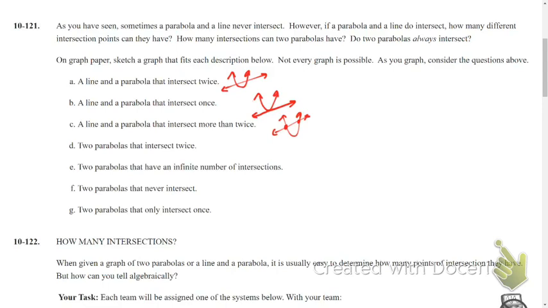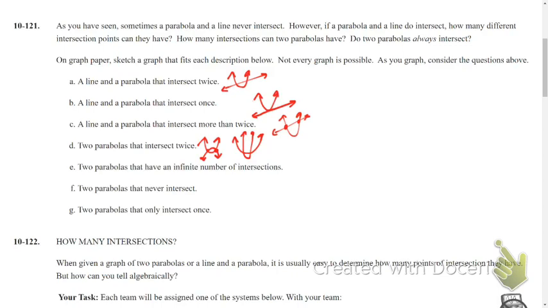For question D, it says 2 parabolas that intersect twice. Well, there's 1 parabola, there's 2 parabolas, right? I've got 2 points of intersection right there. It doesn't even have to be one parabola opening up, one opening down. You could have 2 opening up, so you can have a parabola like this, and then the same upside down, both of them opening down.